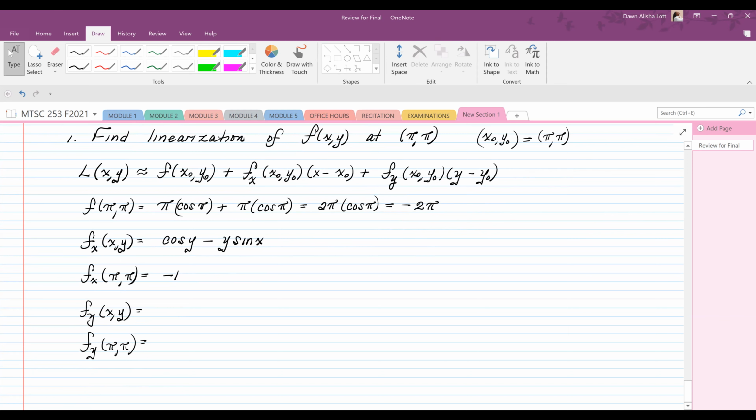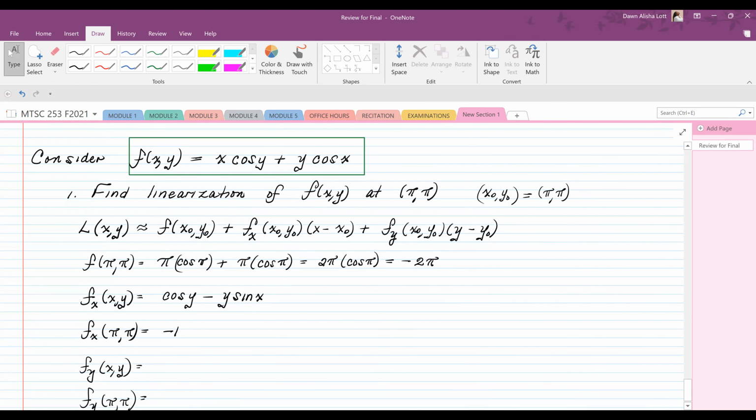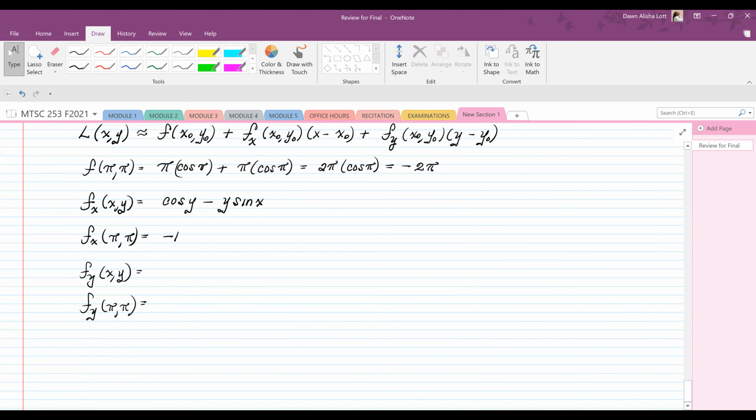Good. Okay, so what's f sub y? Negative x sine y plus cosine x. Okay, and you evaluated at pi, what do you get? -1 again. Okay, so therefore L of x, y turns out to be -2 pi.